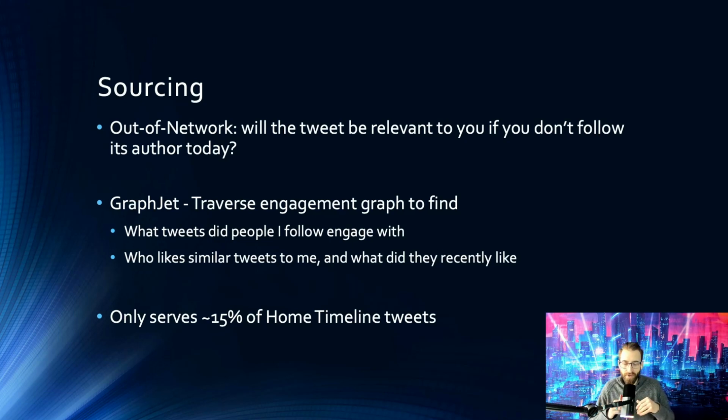And then they also look for if someone has similar interests to me, what are the things that they are interacting with? And this is under their GraphJet offering, and I'll kind of go into some of the code later. But for out of network, that's only 15% of their home timeline tweets, which if you remember, out of network is approximately 15.